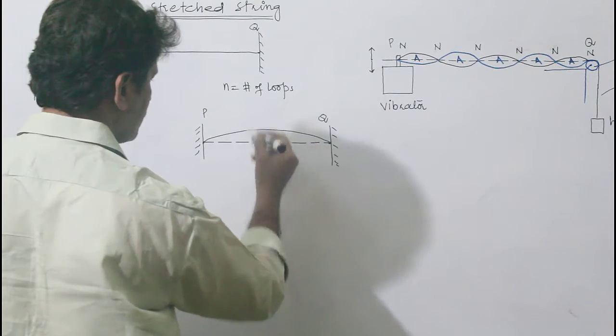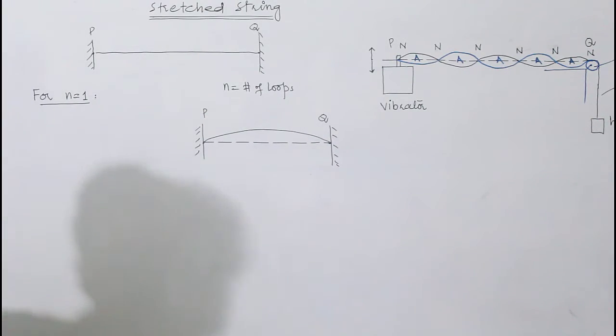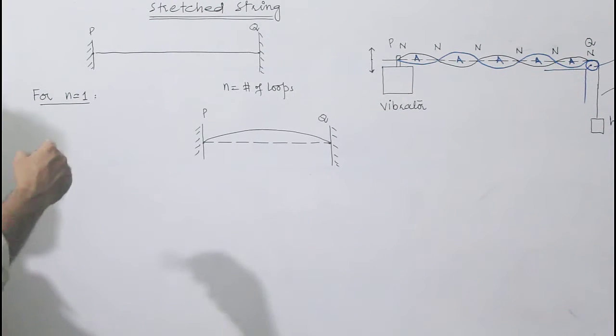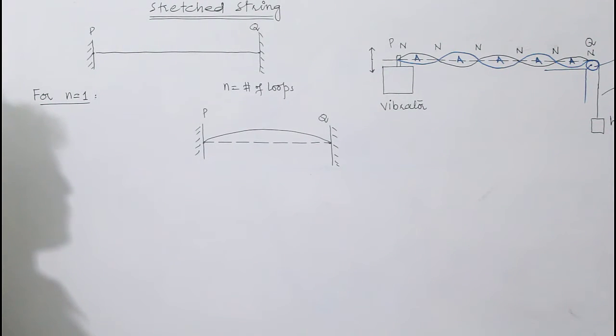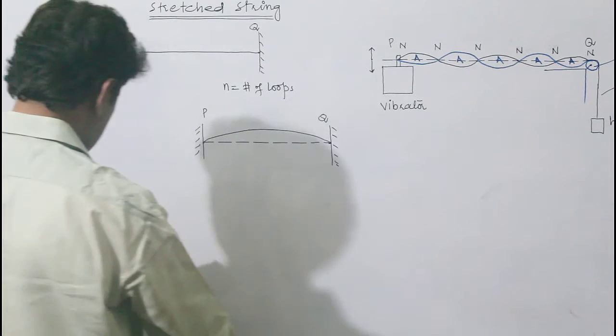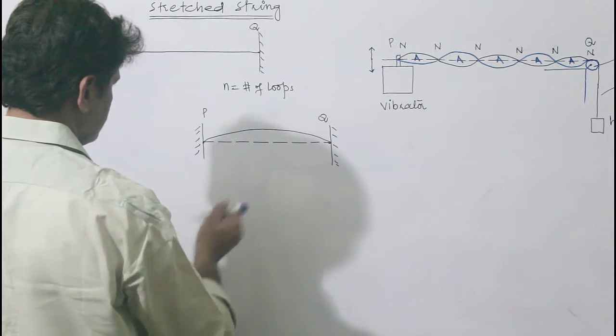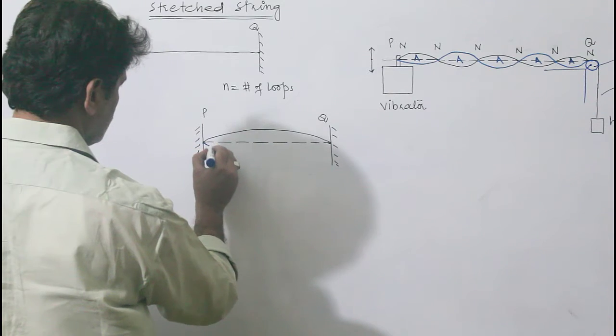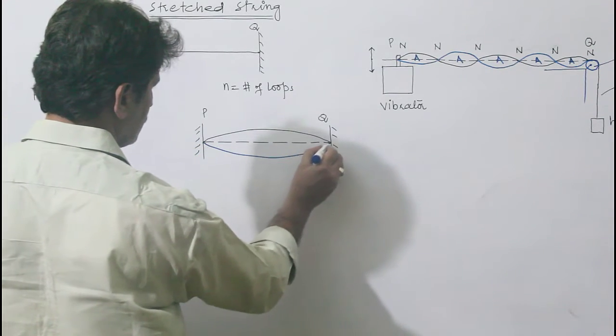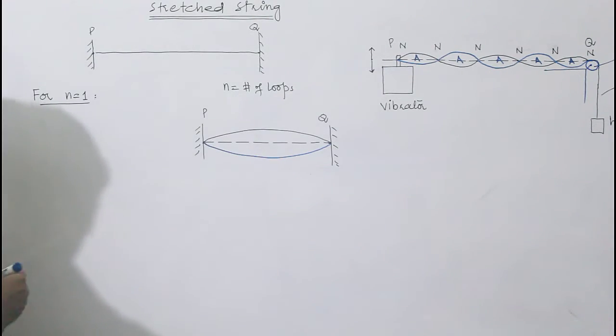It is plucked from the middle position, and when I release it, the stationary waves will be formed and one loop can be seen in this string. For example, it is one loop.